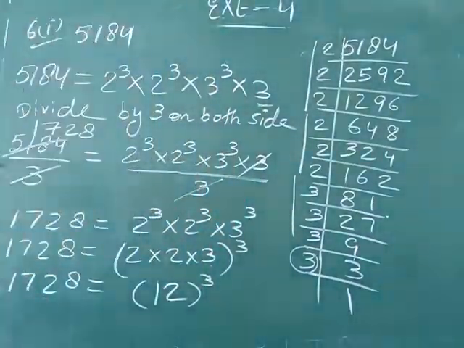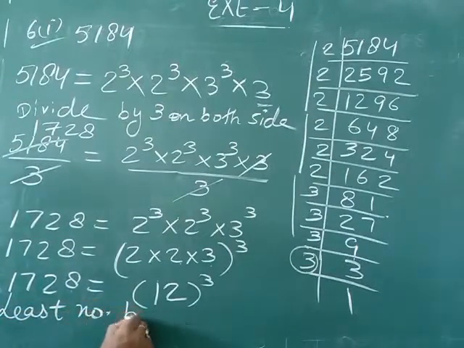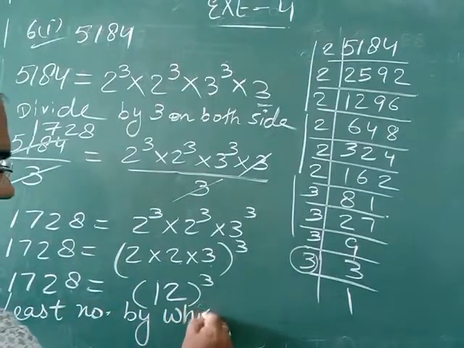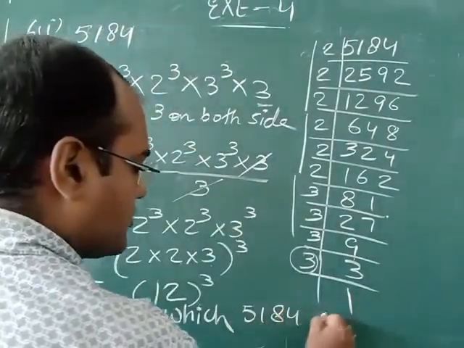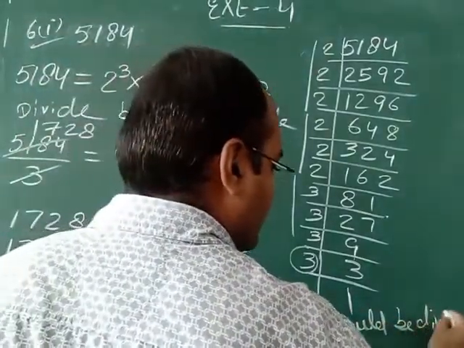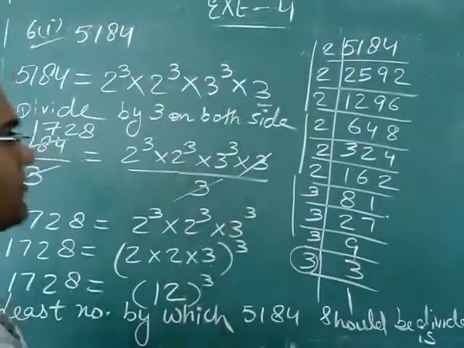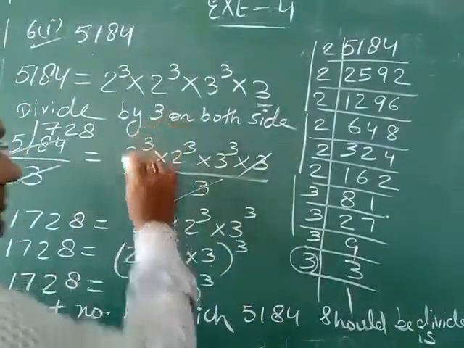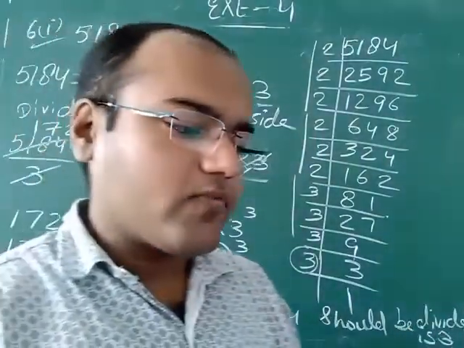So you have to write least number by which this given number 5184 should be divided is, what is that number with which we are divided? 3.